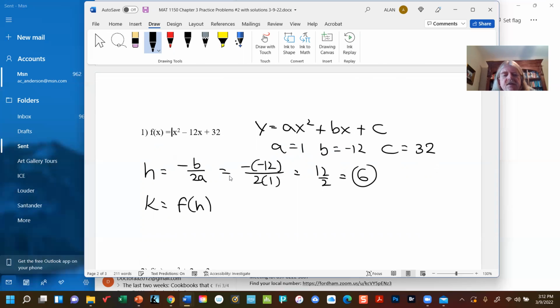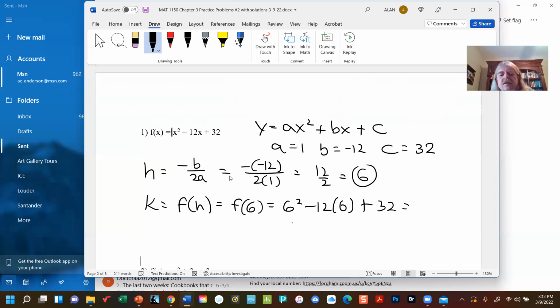So in other words, remember, this function is x squared minus 12x plus 32, which means that what we're looking at is f of 6, which is therefore 6 squared minus 12 times 6 plus 32, all right?